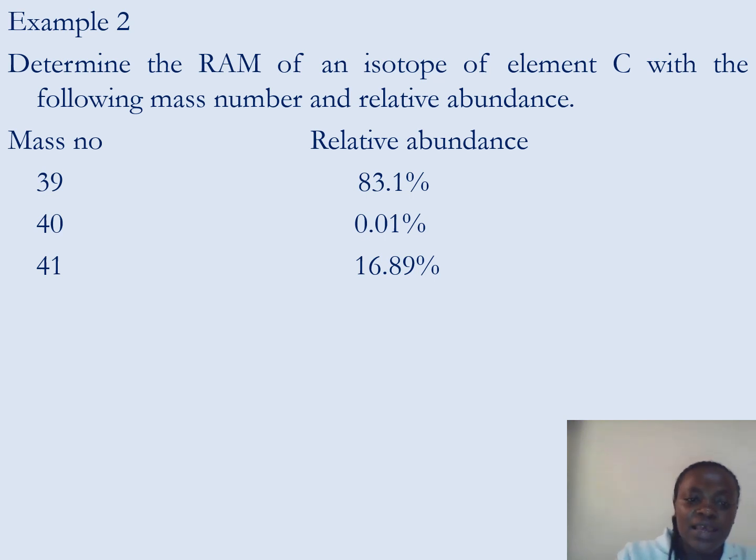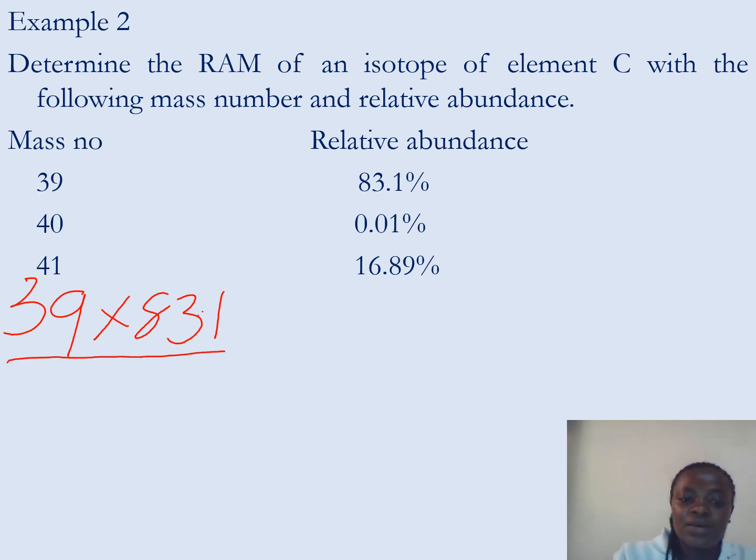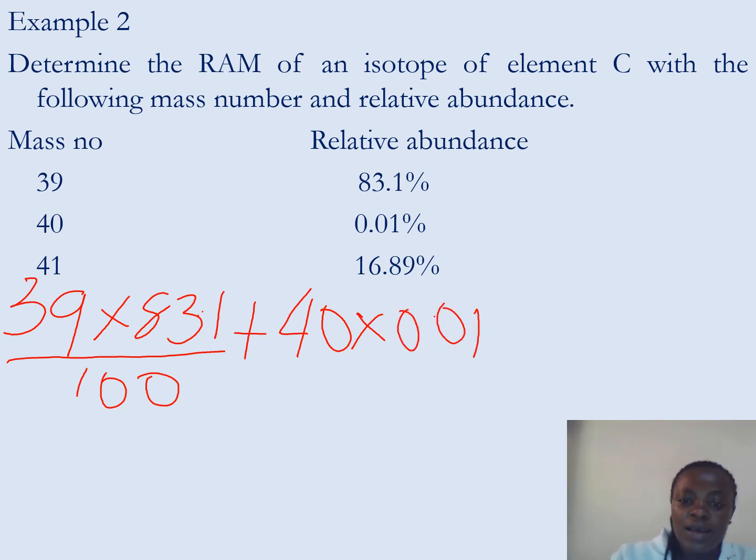We shall be multiplying 39 by 83.1, its relative abundance, divided by the total percentage, that is 100, plus the second isotope with a mass number of 40 multiplied by its relative abundance, which is 0.01%, divided by the total percentage, which is 100.